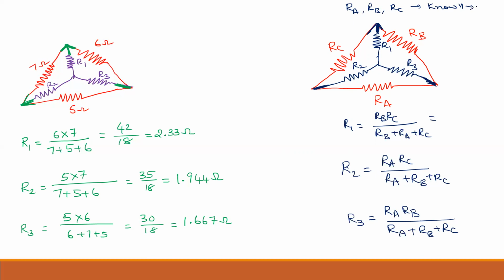These known values are the delta parameters or delta resistors. Which ones do we have to find? R1, R2, R3 are unknown. We have to find them, and these are the formulas we will use.